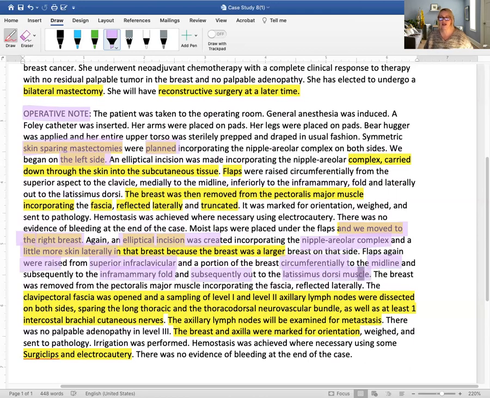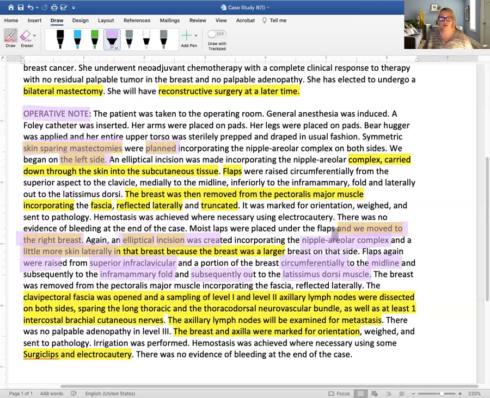So this is all telling us, and again, if you are having trouble with any of the medical terminology, look it up, about the types of incisions, how far they went, and where it was made to. So you have in general your breast tissue, and they're saying, okay, we went this way, we went down in, we moved over, and this is where we ended up. This is all about the cut to remove the breast. And so this is not necessary for us at this point to code.